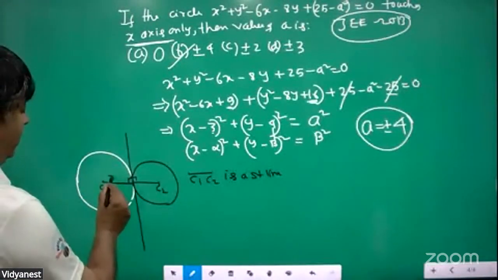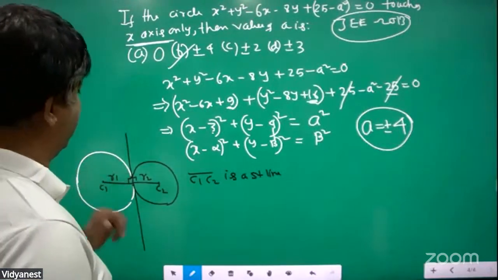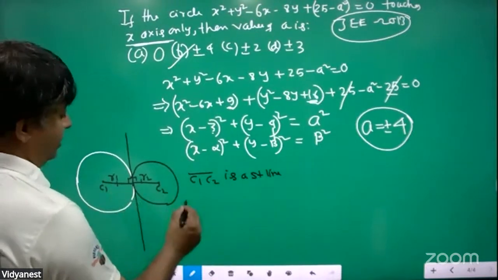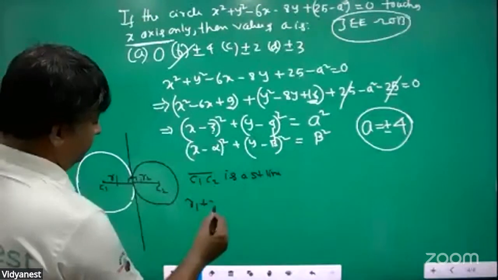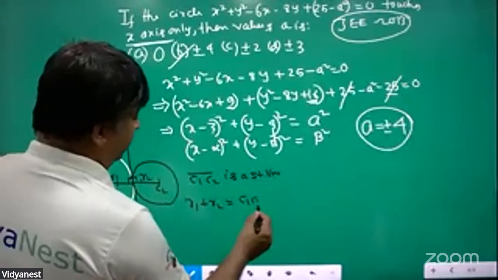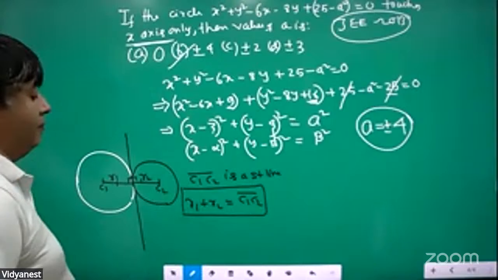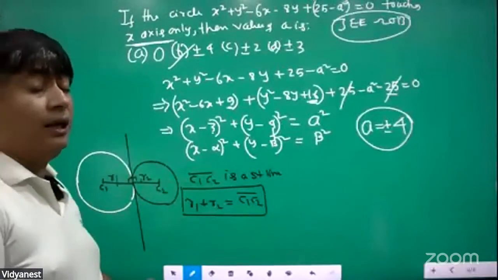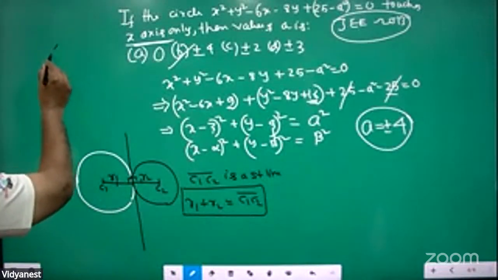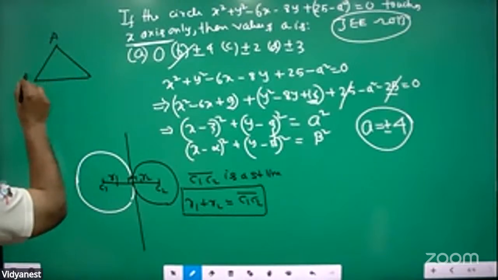So this is the radius of the first circle, and the radius of the second circle. So the sum of the two radii is equal to the distance between the two centers. If you get that relation, it will help you recall the condition of collinearity. In class 7 you were taught, just recall your memory. This is the condition of a triangle.